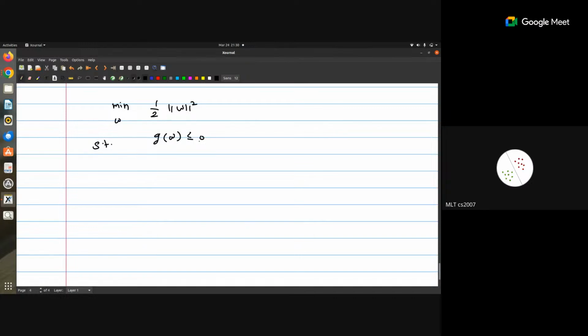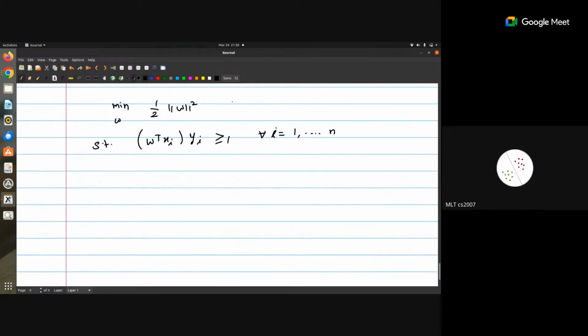Fine. So till now we have seen it only for one constraint. If I wanted to make it more than one constraint, how will it look now? It is w transpose x_i y_i greater than or equal to 1 for all i from 1 to n.